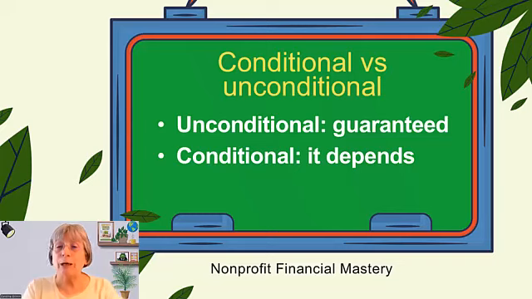I will give you this money on the condition that you will build this playground. If you build the playground, the money is yours. If you don't build the playground, I want the money back. Or I might say, if you build that playground, then I will send you the money for it. So unconditional, there aren't any strings attached. Conditional, there are strings attached, and the donor is looking for you to do something in exchange.